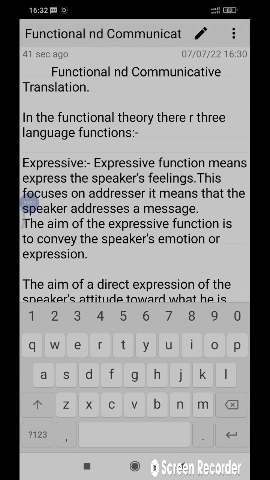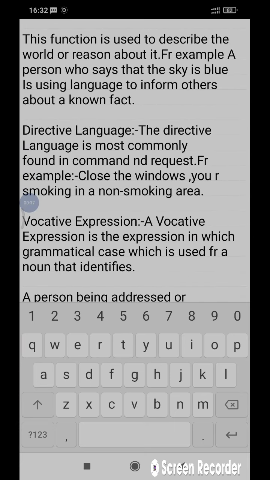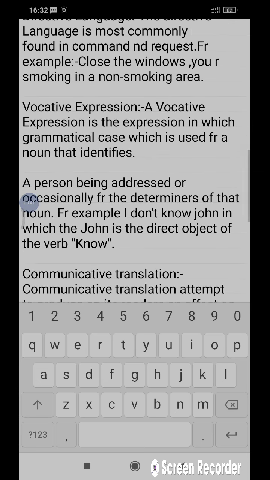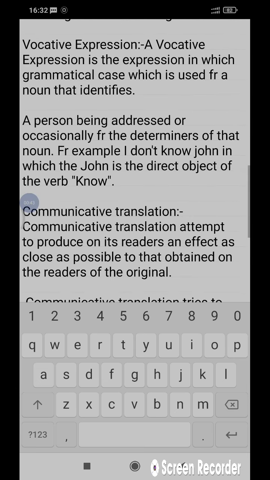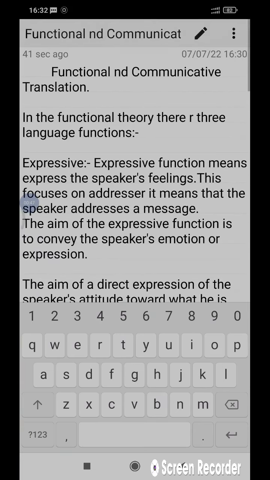In the functional theory, there are three language functions: expressive, informative, directive, and these are the other parts, and the vocative, communicative translations. So, here I'm going to discuss what is the functional translation.